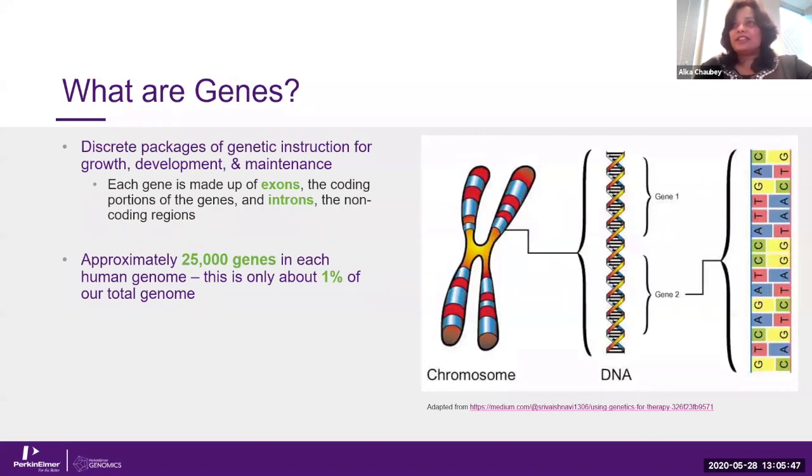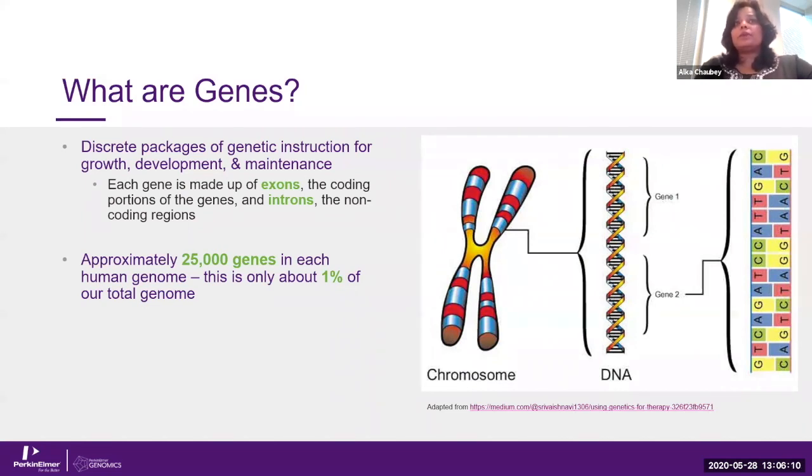On the first slide, I mentioned the term genes. So what actually are genes? Genes are discrete packages of genetic instruction for growth, development, and maintenance. This is our chromosome, which you will hear about when I talk about FSHD and the chromosome that we are testing.